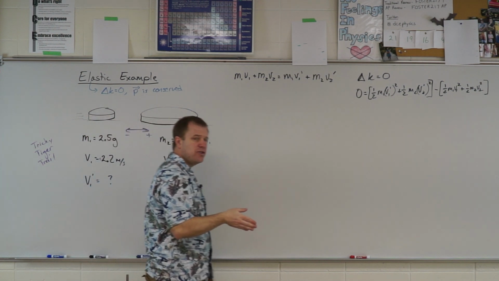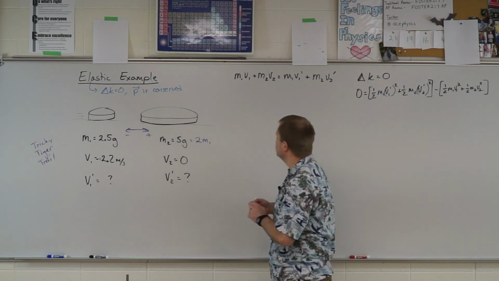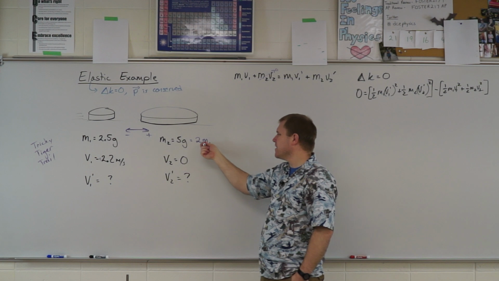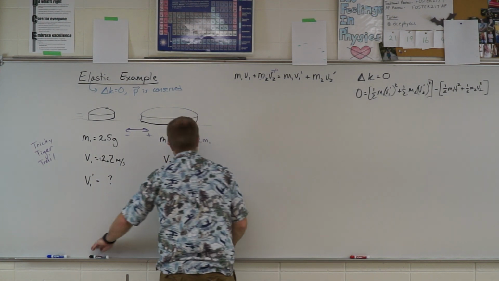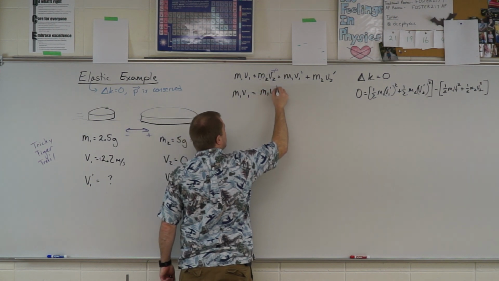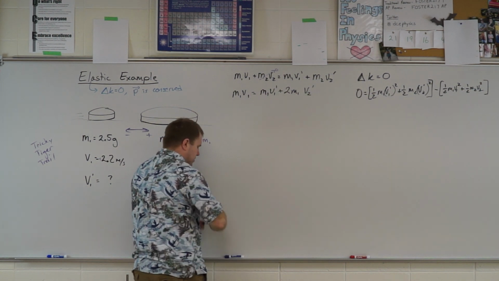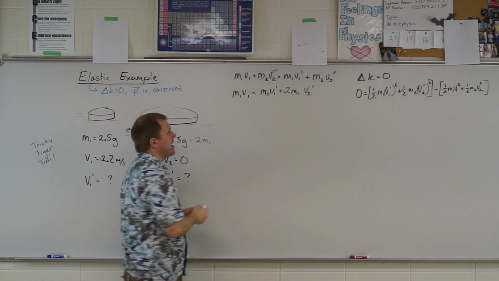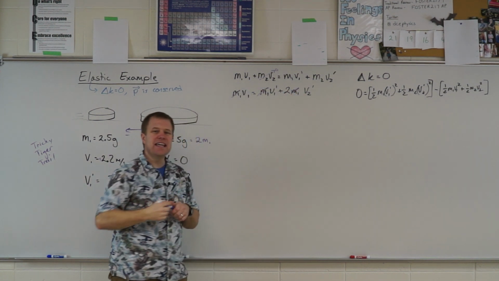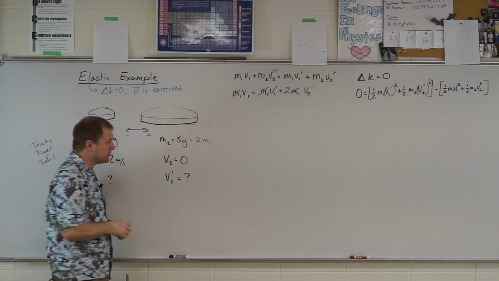Well, when I come over to my conservation of momentum equation and cross out those zeros, since initially the velocity is 0 for m2, and I make this substitution of 2m1, I have m1 v1 equals m1 v1 prime plus 2m1 v2 prime. And now I have an m1 in every term, so it cancels out. It just makes my math a little bit easier if there is a ratio like that. If not, you just have to keep those masses in there.